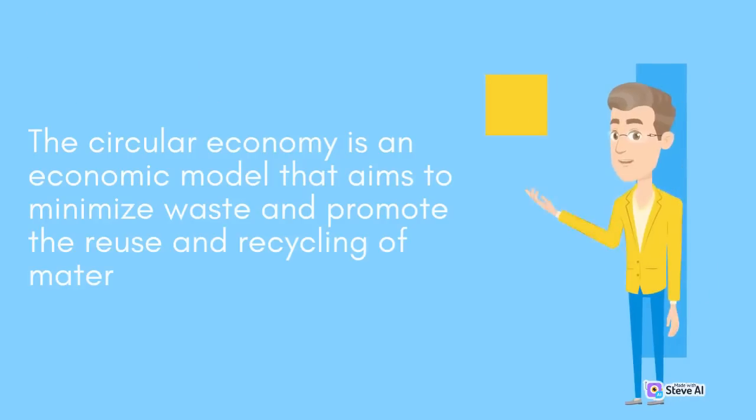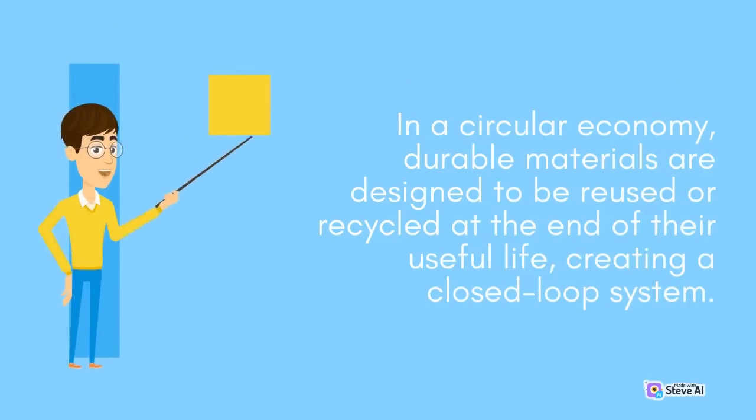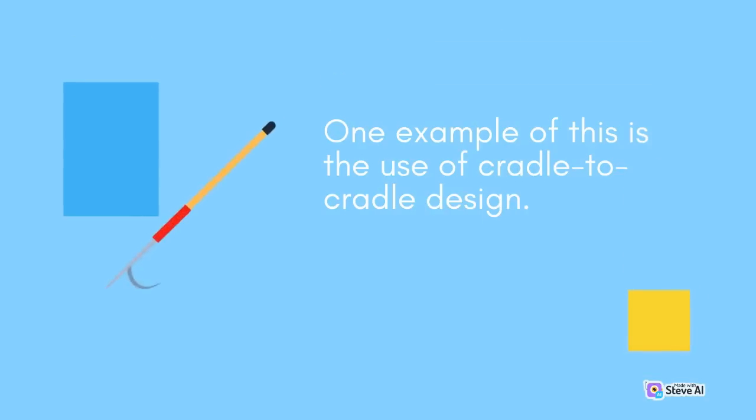The circular economy is an economic model that aims to minimize waste and promote the reuse and recycling of materials. In a circular economy, durable materials are designed to be reused or recycled at the end of their useful life, creating a closed-loop system. One example of this is the use of cradle-to-cradle design.